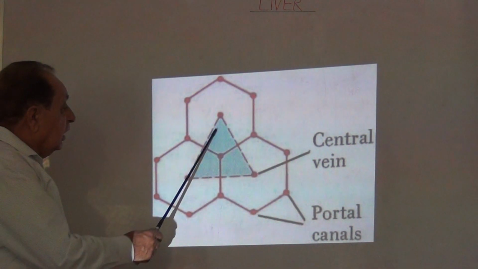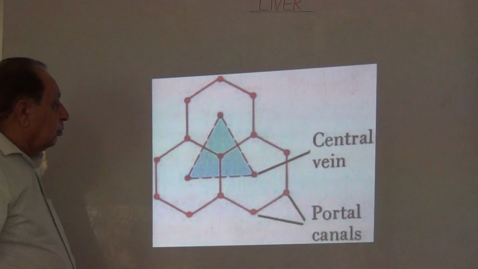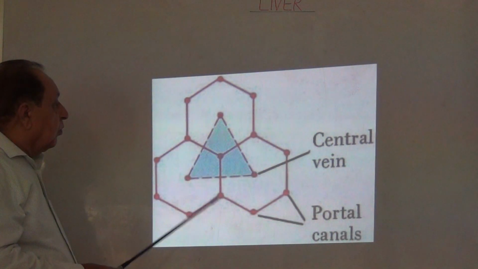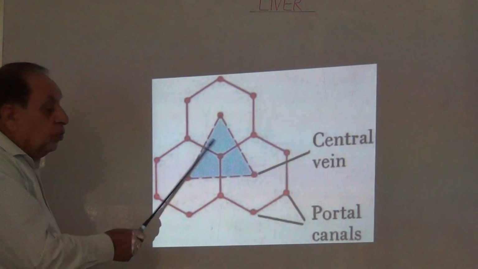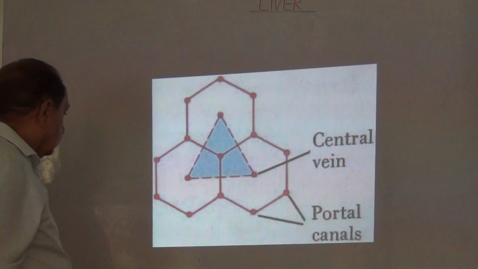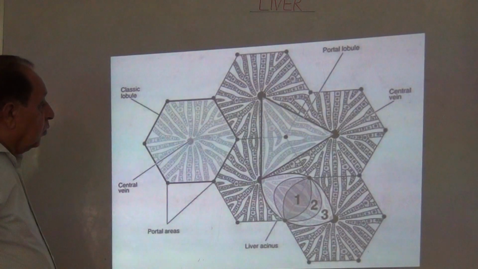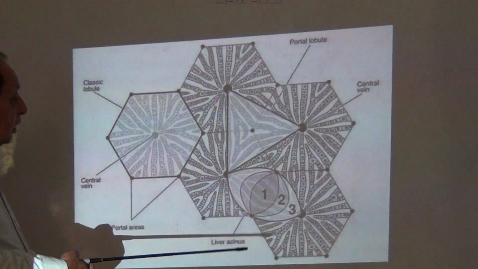So this area is called the portal lobule. This one is the hepatic lobule, this one is the portal lobule. Now, the third one.